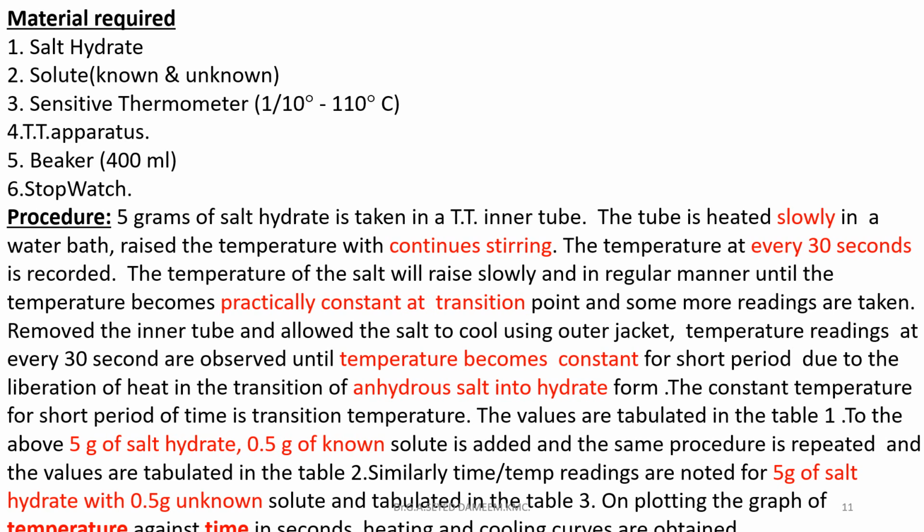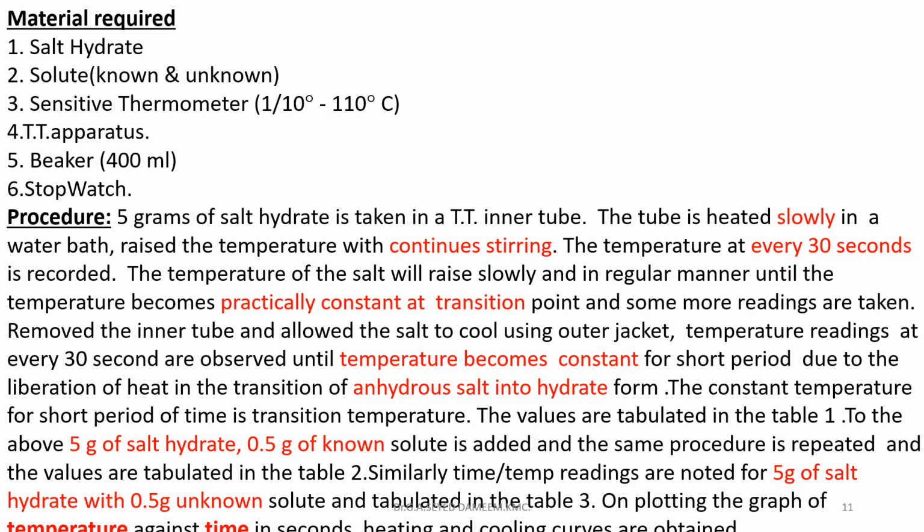Here is the procedure of the experiment: 5 grams of salt hydrate is taken in the TT inner tube, inner jacket. The inner jacket is heated slowly in a water bath, raising the temperature with continuous stirring. The temperature at every 30 seconds is recorded. The temperature of the salt will rise slowly and in a regular manner until the temperature becomes practically constant at the transition point and the salt becomes partially liquid.